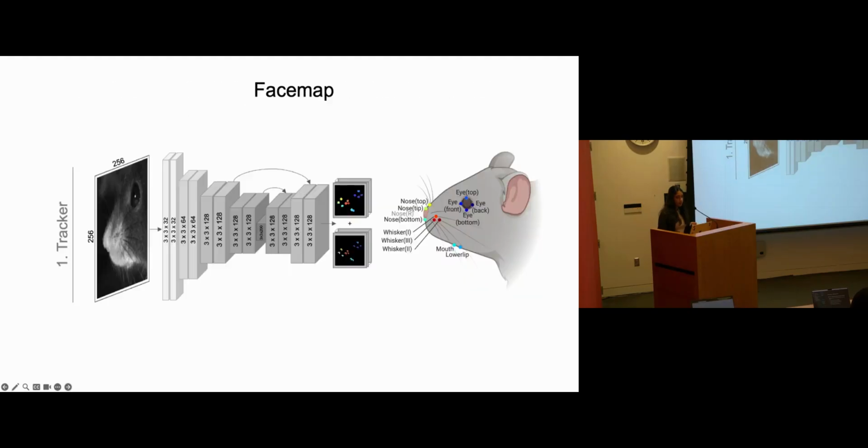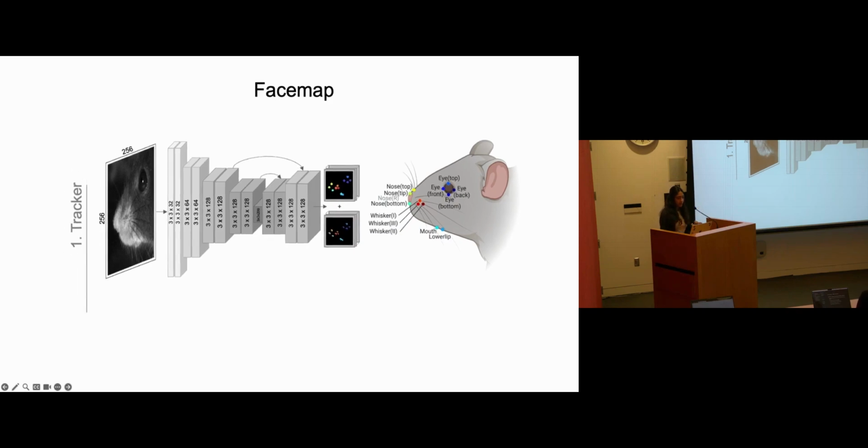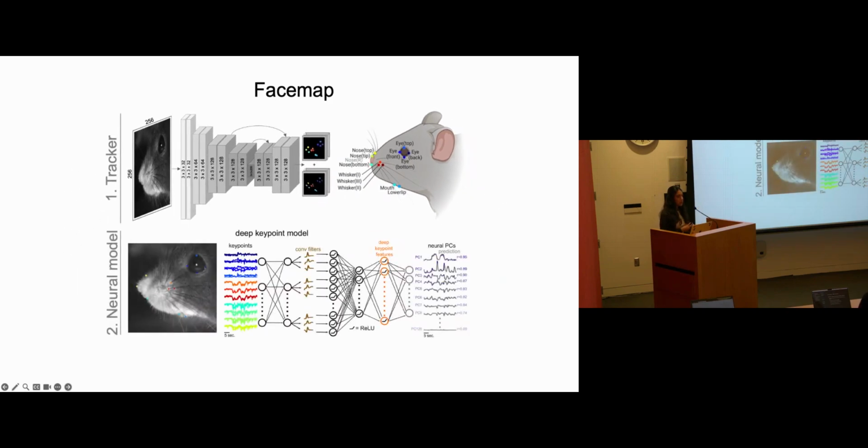Now that we have a model for precisely tracking and quantifying these orofacial behaviors, we're still interested in how these key points relate to neural activity. Like I mentioned, previously we used a linear model, but now we want to develop a nonlinear deep learning model that can do end-to-end fitting of these key points to neural activity.